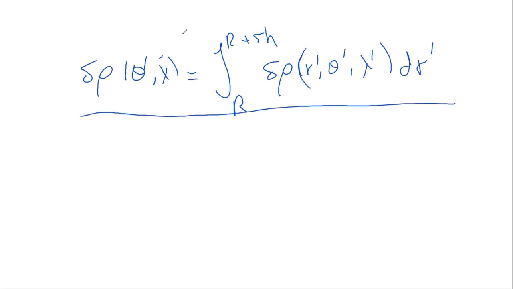Here we have a three-dimensional density changing with the distance from the center, colatitude, and longitude. When I take this integral, it means that I'm somehow averaging it along this thickness. Since it is a very thin layer at the surface of the earth, which has the density delta rho, this density changes by the latitude and longitude, not with the radius anymore. Then this is called surface density.